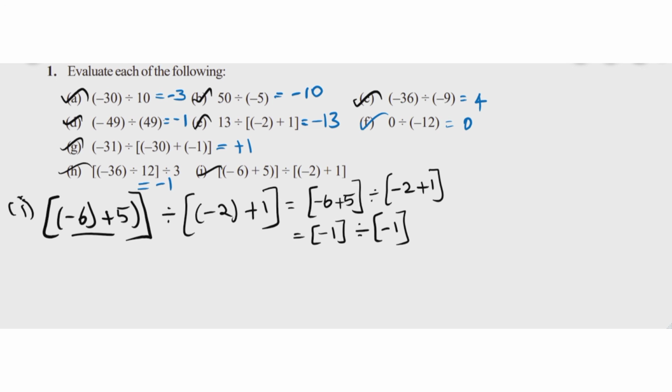See, I am going to do this in the fraction method. 1 divided by 1 is nothing but, we will cancel, we get the same 1. See here we have minus and minus. What is minus into minus? It is nothing but plus, right? So our answer here is plus 1. I hope you got the answer, right? So you have to do it like this step by step, okay? So our answer for I bit is plus 1. I hope you understand this.